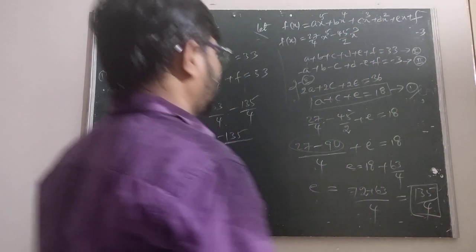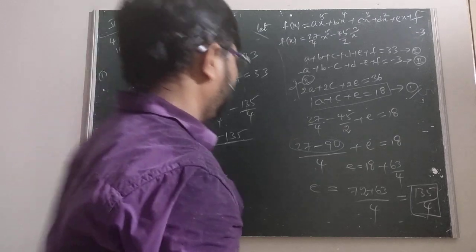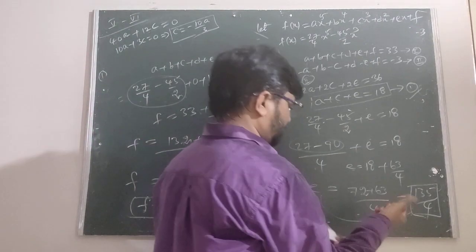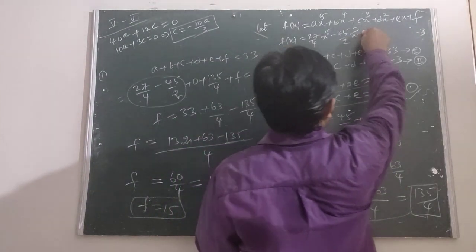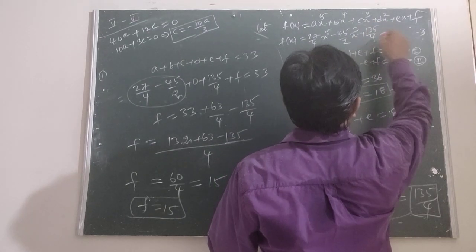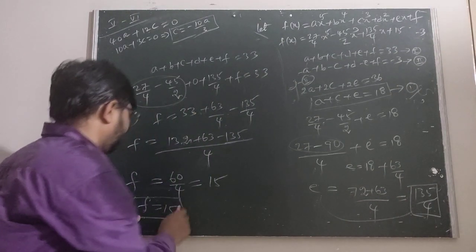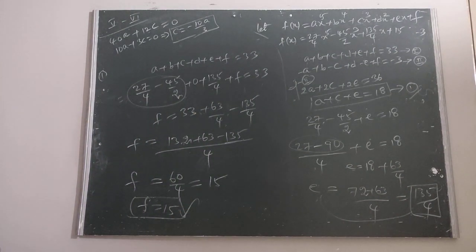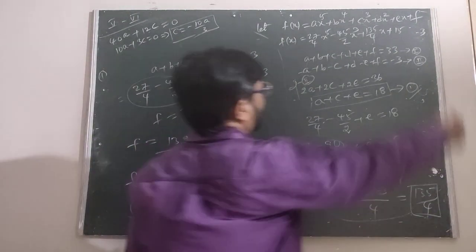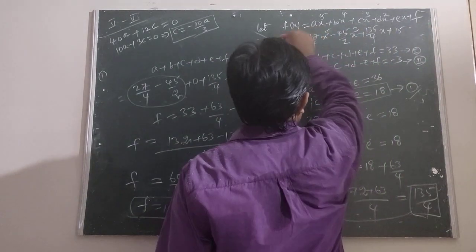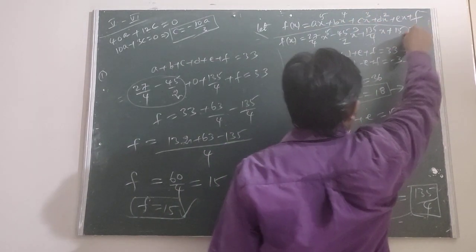D we are getting 0. The value of E is 135 by 4 into x. The value of F is 15. This is the polynomial having degree 5.